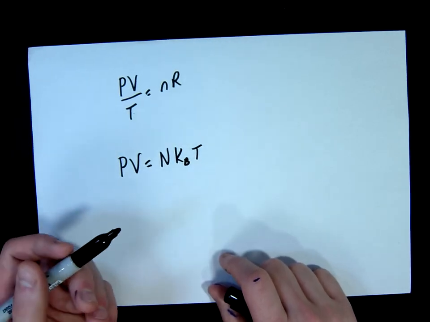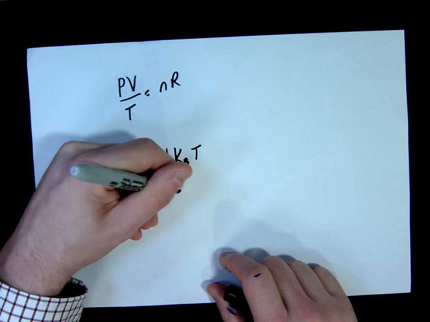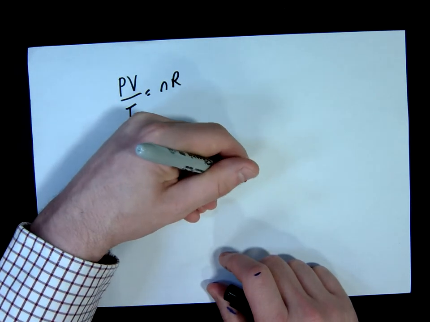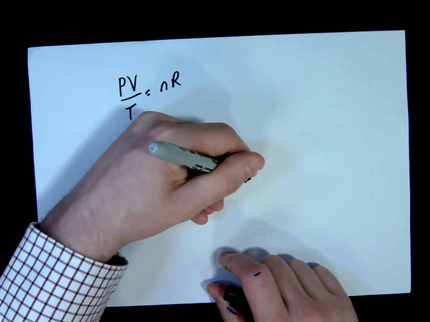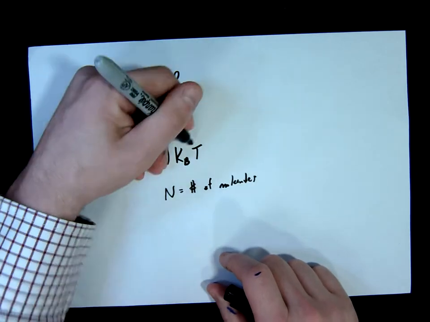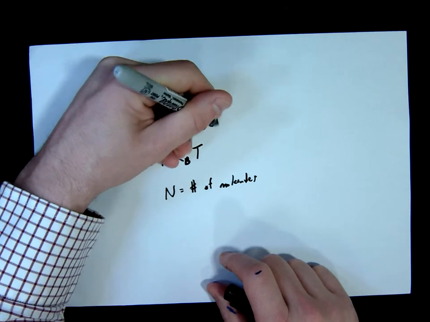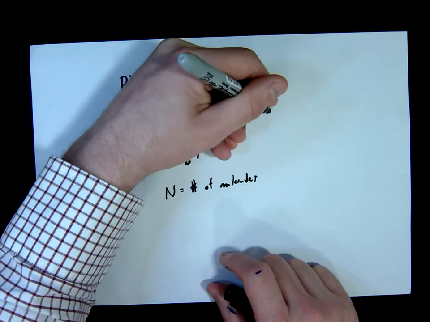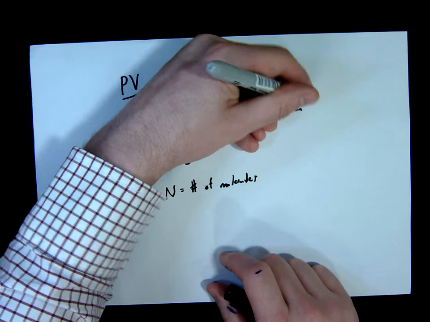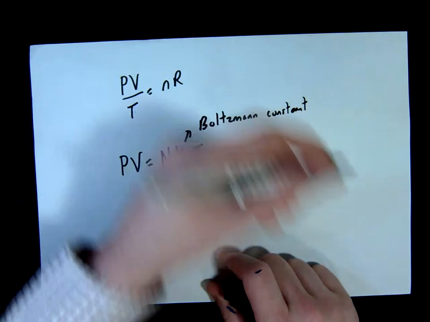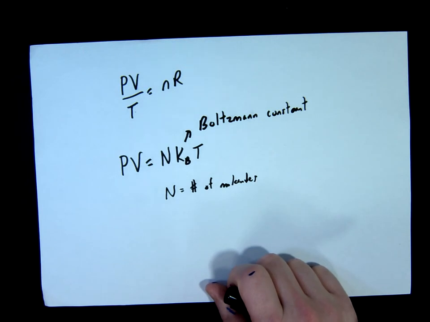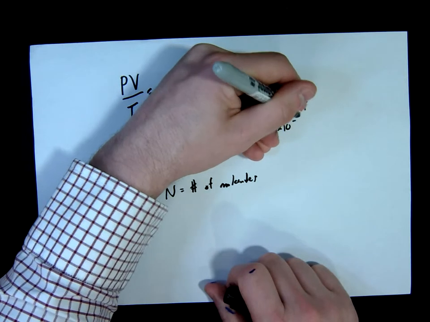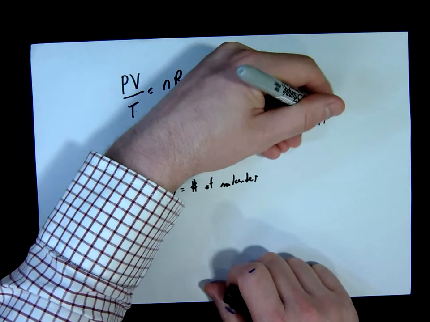Capital N is going to be the number of molecules of the substance, instead of moles. k_B is called the Boltzmann constant, and it ends up being 1.38 times 10 to the negative 23 joules per Kelvin.